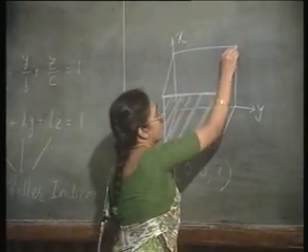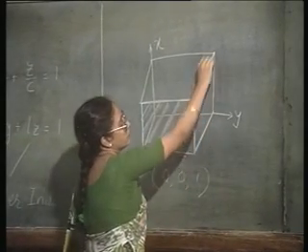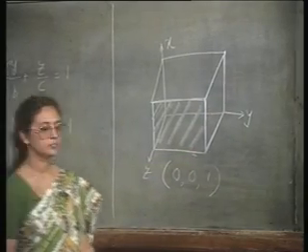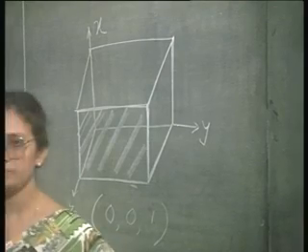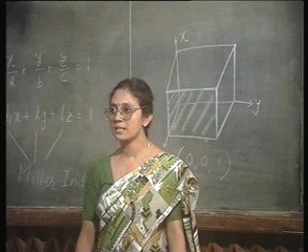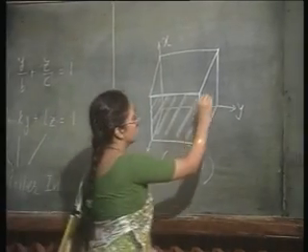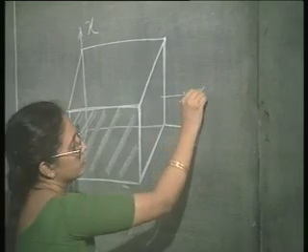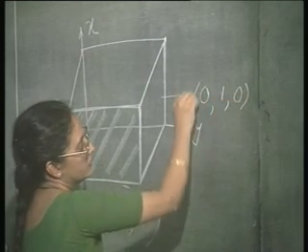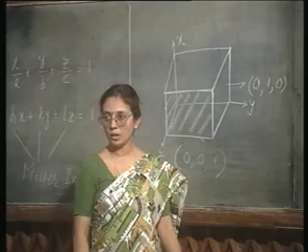Let us take this plane. This makes an intercept on the y axis alone. So, this plane will be called 0, 1, 0.